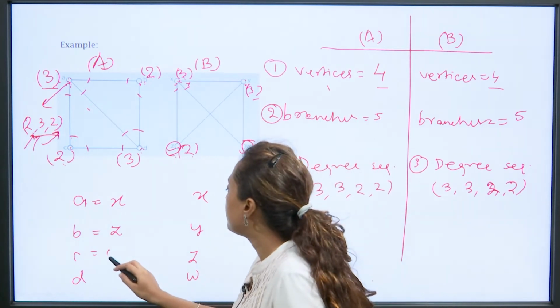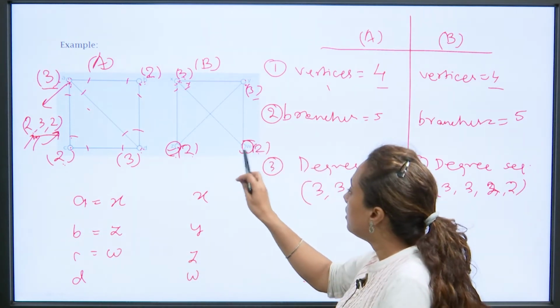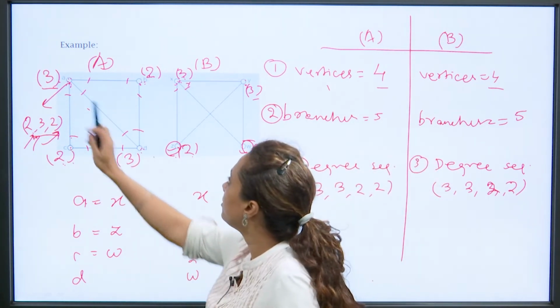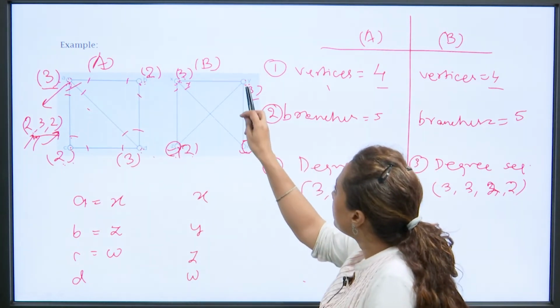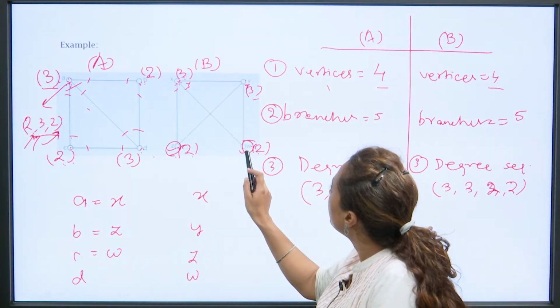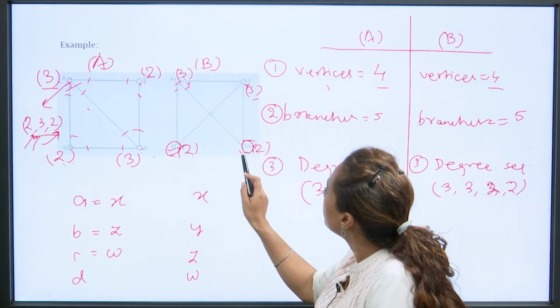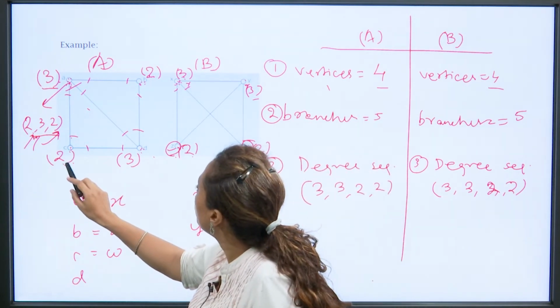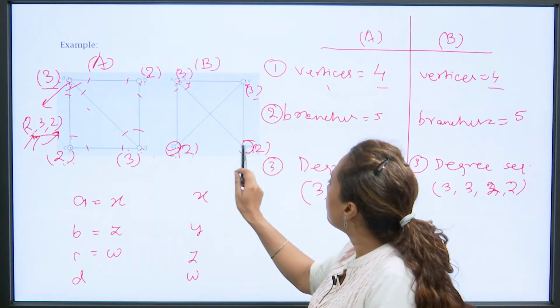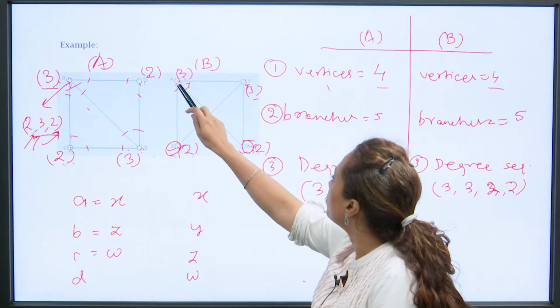So, this C is getting mapped with W because this C is having 2 degree, W is also having 2 degree. This W is getting connected with 3, 3 and this C is connected with 3 and 3 only, right. Similarly, this W is getting connected with 3 and 3 only, no 2.